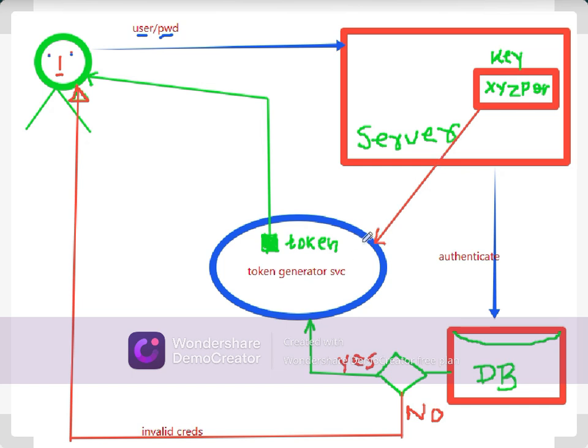Then with this key and the user information, we generate the JWT tokens, and these tokens are returned to the user. On the other hand, if this user is not available in the DB, that means this is not a valid user. In that case, we return an invalid credentials response, right? So this is the overall flow.